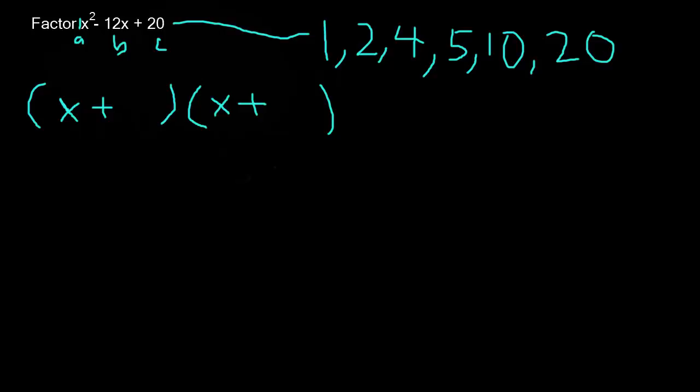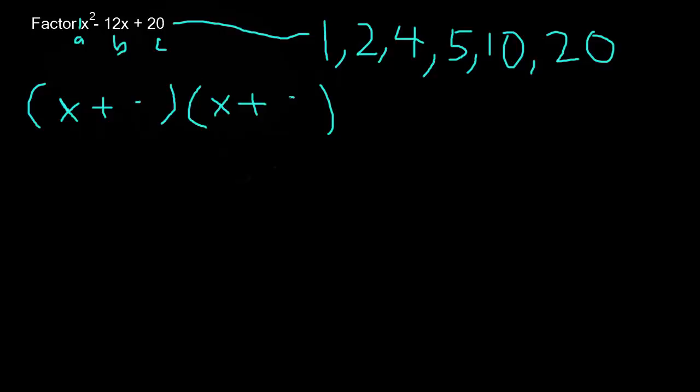Now we know the c is 20, and I list the factors out because that helps me determine b. One of these combinations here, 1 and 20, 2 and 10, will end up here and here.